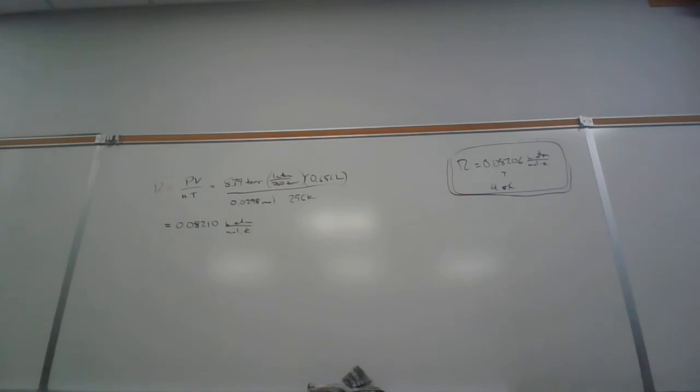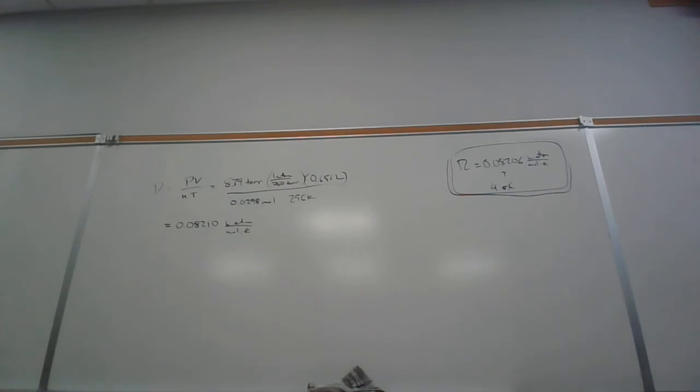Okay, so that's an example of solving for R. Typically, we don't solve for R. We just use this R value and then solve for other things. Okay, that's determination of a single variable.